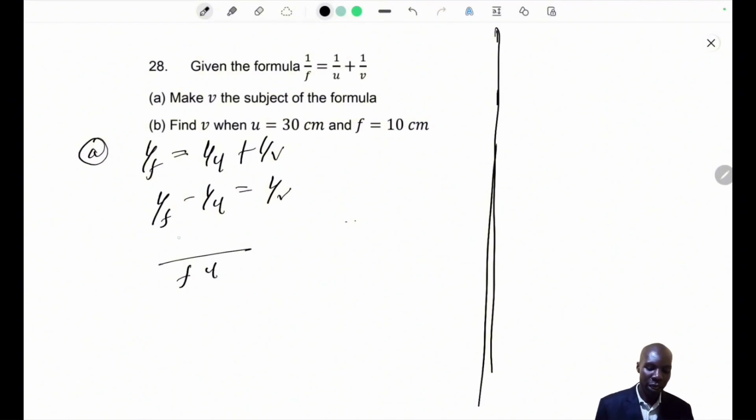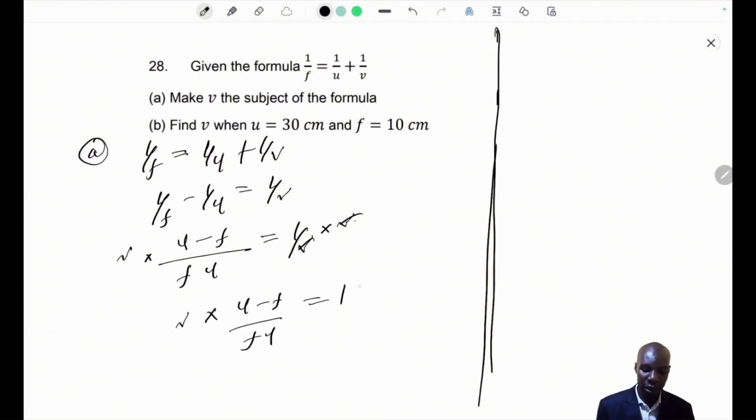F goes here u times 1 is u, minus u goes here f times 1 is f, should be equal to 1 over v. So that means if I cross multiply both sides by v, I'll have v times u minus f over fu equals 1.